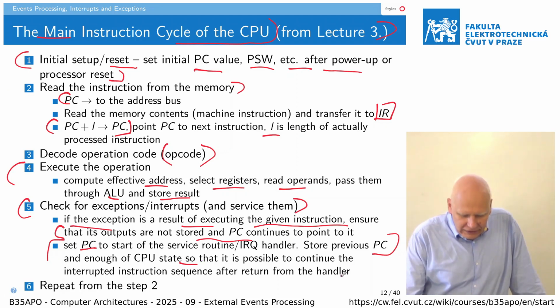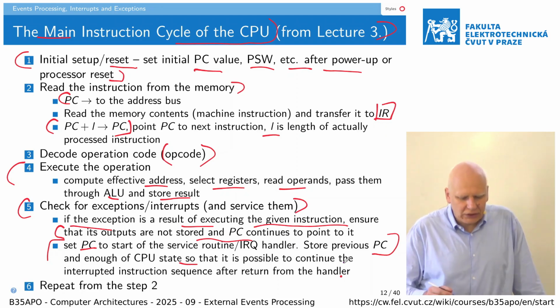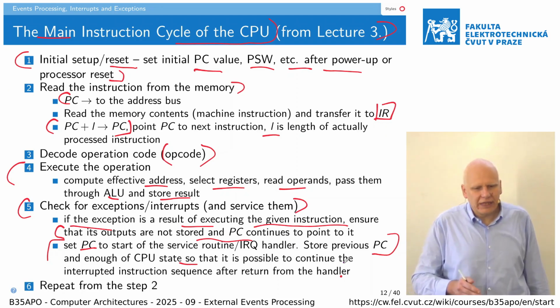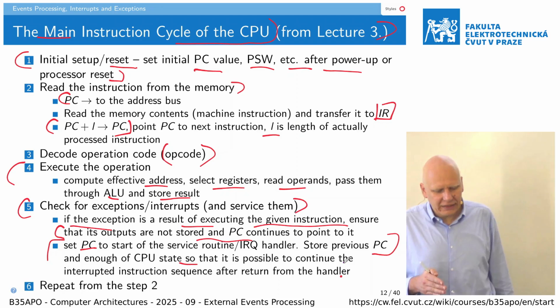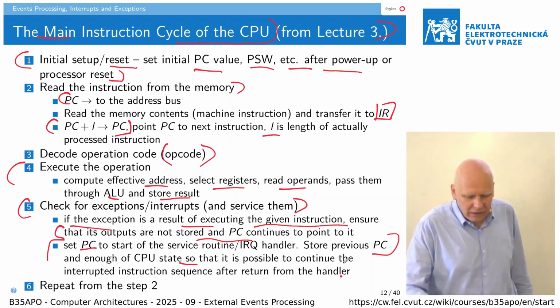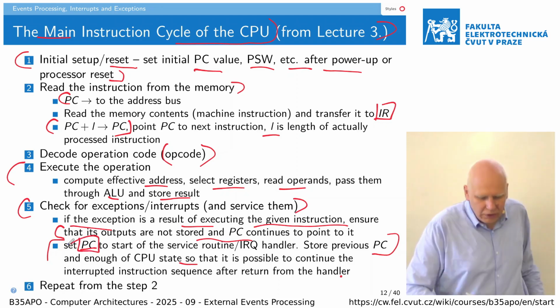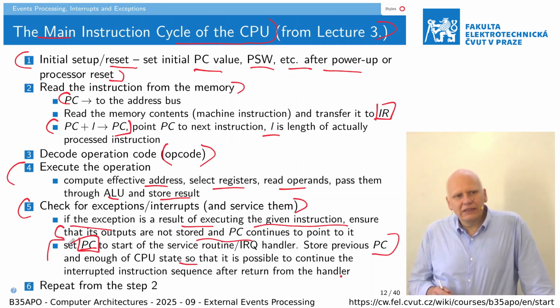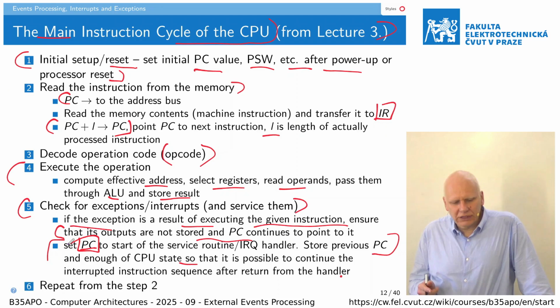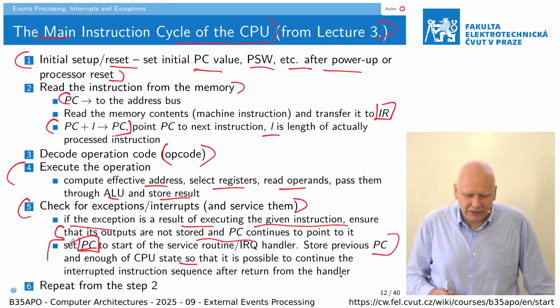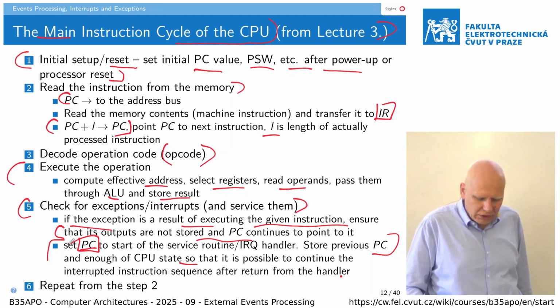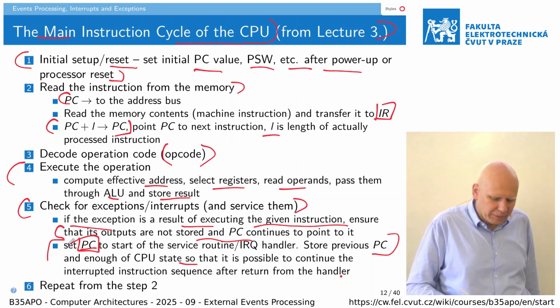Okay, so to process the exception, we store the state or some part of the state, and then set the program counter to the value where the exception or interrupt service routine is, which takes care of this special condition. And when it's finished, we can continue with the previous code.